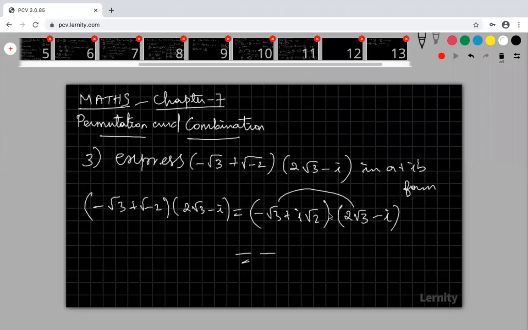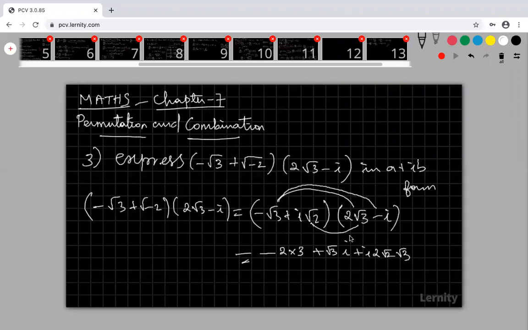Minus root 3 into 2 root 3, that is minus 2 into root 3 times root 3, which is minus 6. And multiply this minus into minus, plus root 3 i. Multiply this: i root 2 into 2 root 3 is 2 root 2 into root 3 times i.